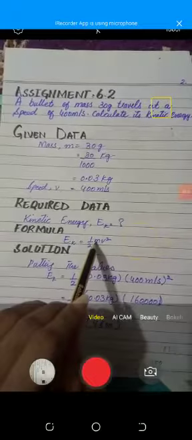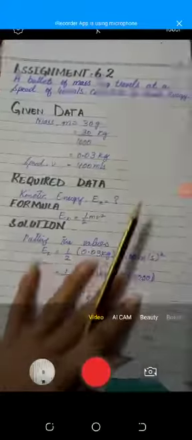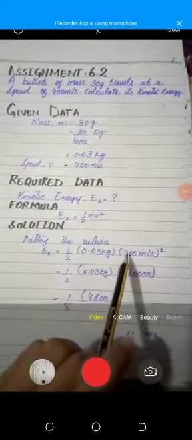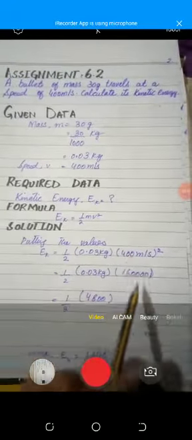So what we do is put the values in the formula: 1 by 2, and the m value is given as 0.03 kg, and the speed is given as 400 meter per second, squared. Now we are going to solve the square first. When we solve the square of 400, the answer is 160,000.